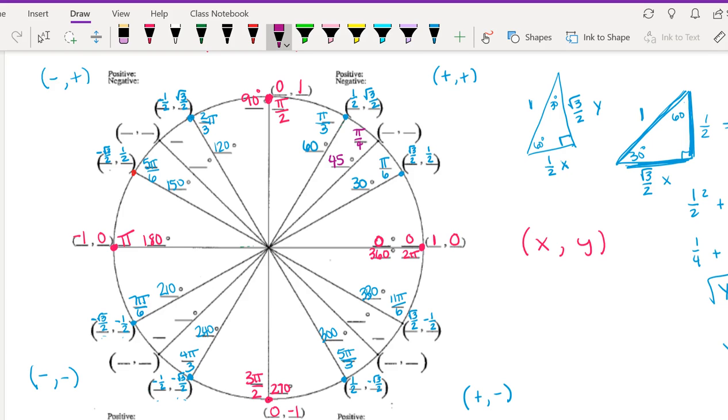Okay? Over here, so let's count by increments of 45. 45, 90, 135. Then I have 180, then 225, and then 270, and then 315, and then 360.